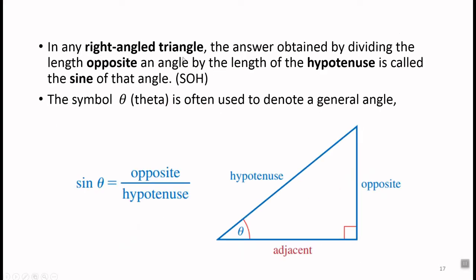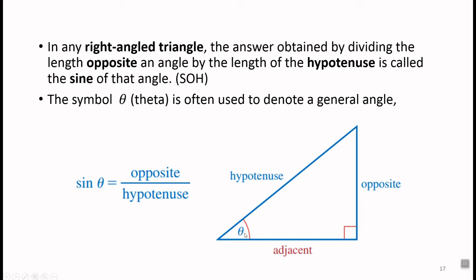So in any right angle triangle, the answer obtained by dividing the length of the opposite side by the length of the hypotenuse we call sine. Sine theta equals opposite divided by hypotenuse.